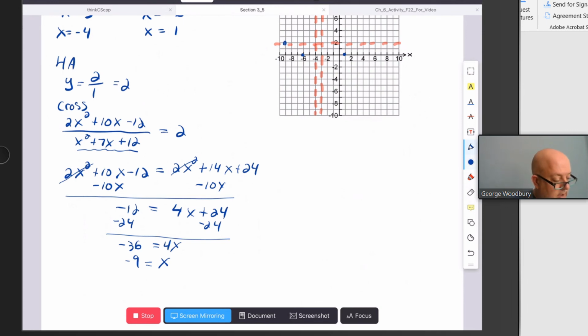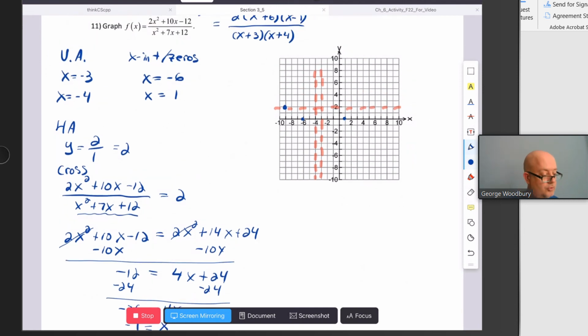So right here. On that left branch, what has to happen is it's going to come closer to this asymptote, and it's going to go up, and then it's going to come back down towards the asymptote at some point. So up and back down.